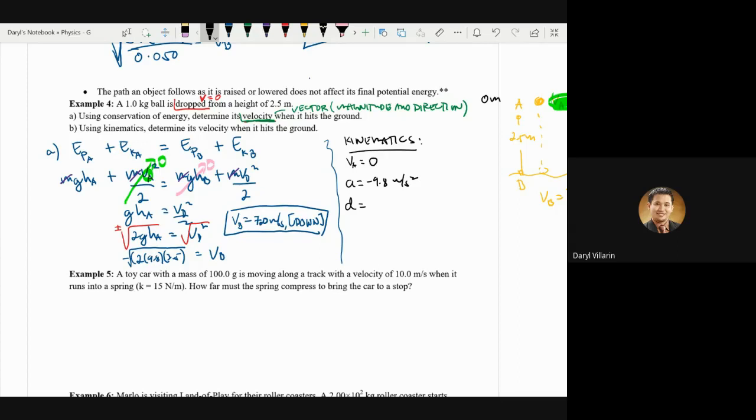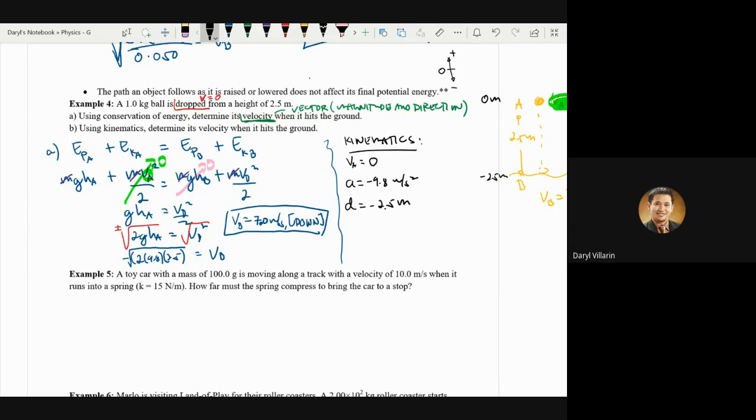In our case, this is 0, so upward is positive, downward of 0 is negative. So therefore, at the bottom, that should be negative 2.5 meters. So the displacement here would be negative 2.5 meters.